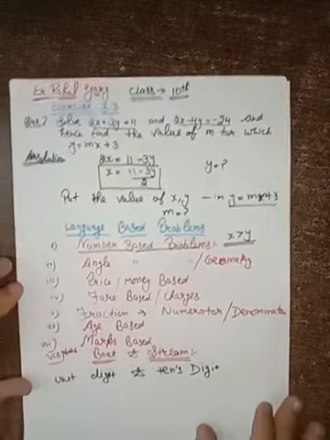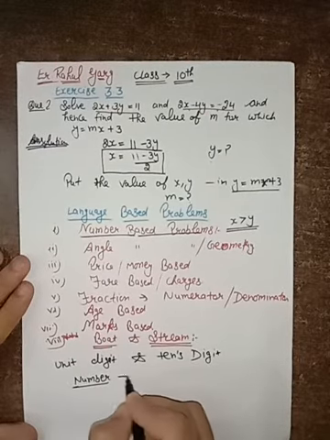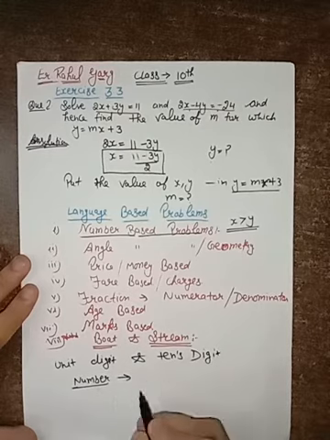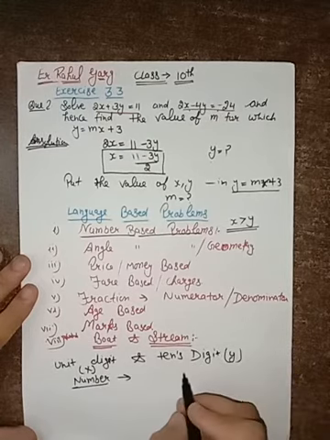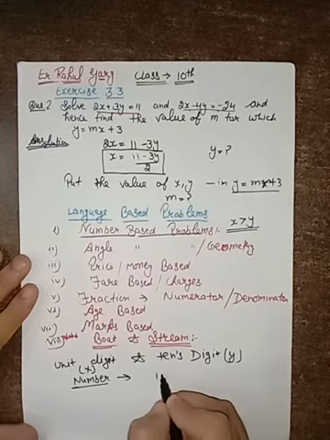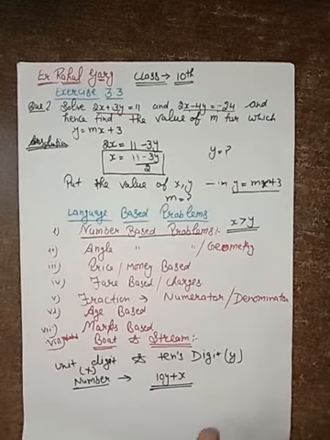You know, if x is the unit digit and y is the tens digit, then the number will be represented as 10y plus x. Keep this thing in mind.